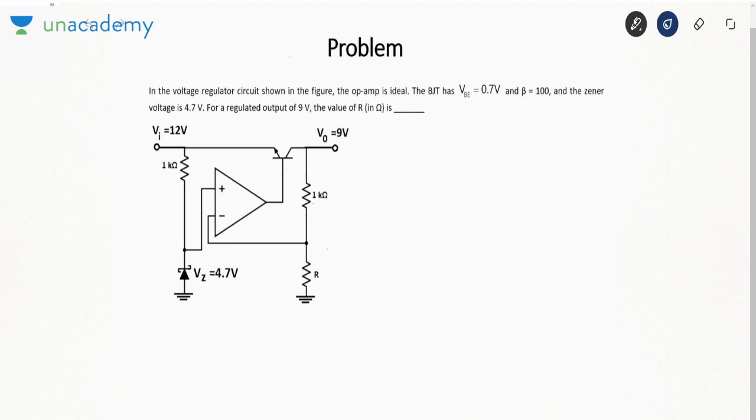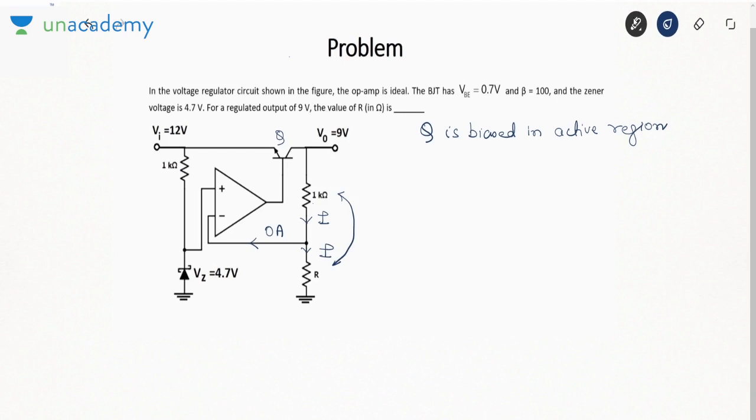See, first of all, this transistor Q. In a voltage regulator, the device is always biased in active region, right? Now this V0 is 9 and this current is 0 ampere. Okay. So that means the current in 1 kilo ohm and R resistance will be same.